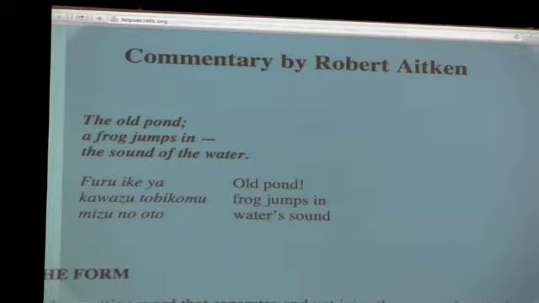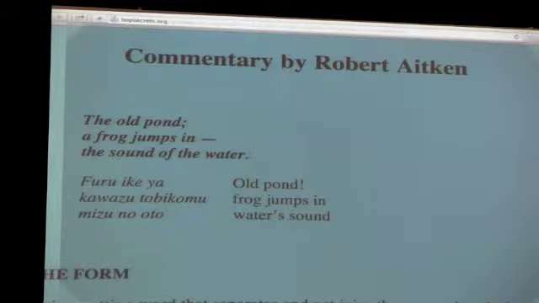Why is that poem so famous though? There could be other poems written that are just as deep.